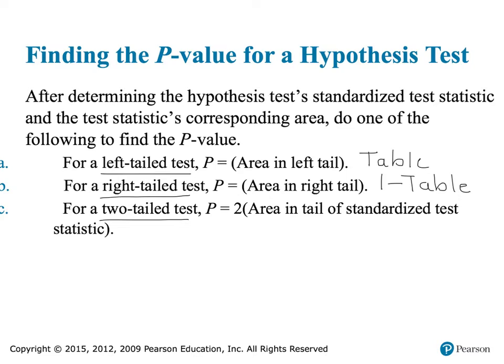If we're doing a two-tailed test, we're going to have to take 2 times the appropriate area in the table. And when I say appropriate area, that area may be the area below, depending upon where our test statistic lies, or the area above. We'll demonstrate this with an example. So we'll find our p-value using our table.